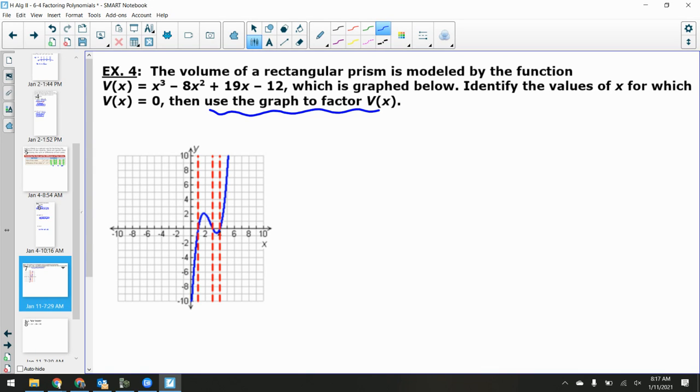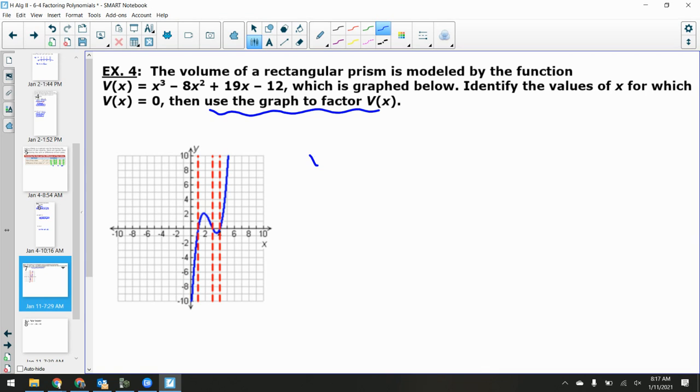Well, I think the first part of what it's asking me is relatively easy. Identify the values of x for which the function equals 0. Yes, I'm asking for the zeros of the function. How many zeros of the function do you see? 3 of them. Well, what are they?